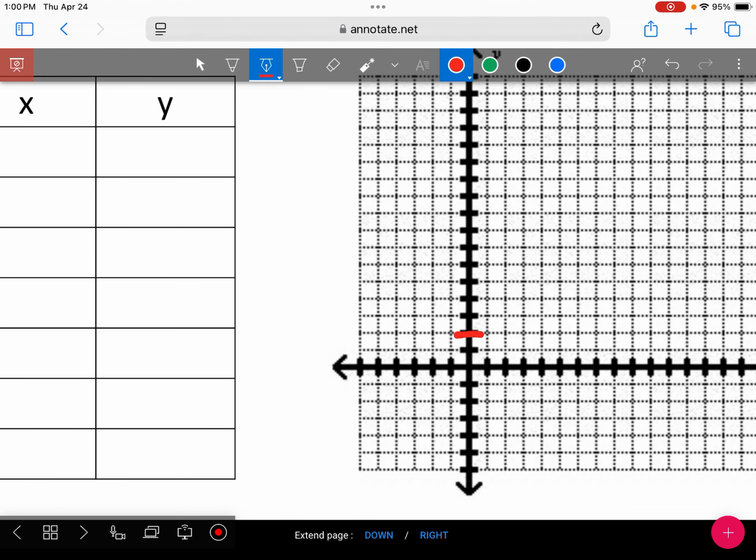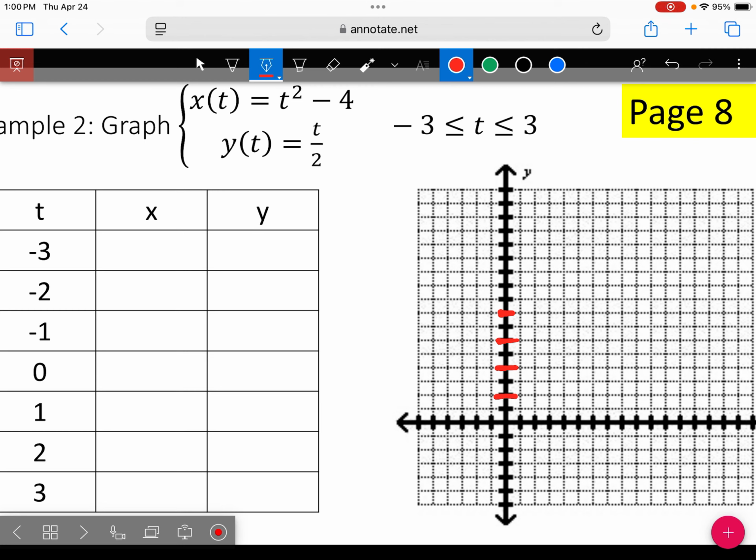So for me, this is 1, this is 2, this is 3, that's 4. I'm counting by 1/2 for y. For x, I'm still counting by 1. All right, I'm going to freeze my screen. I want you to do the whole thing. Find all your points, graph it, and include your arrows.